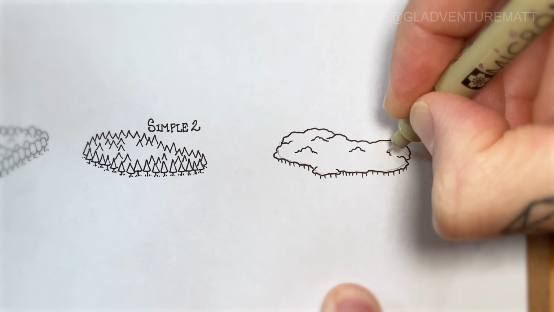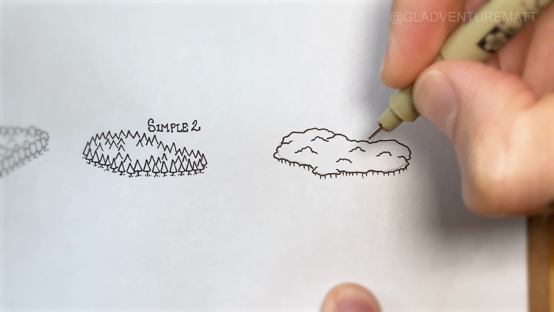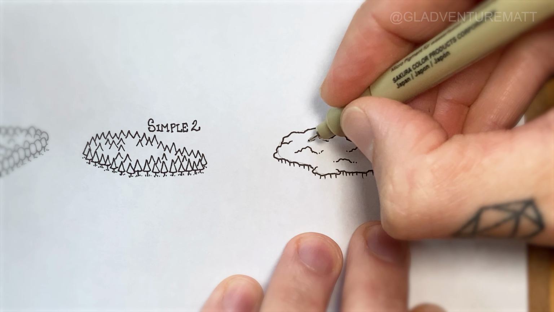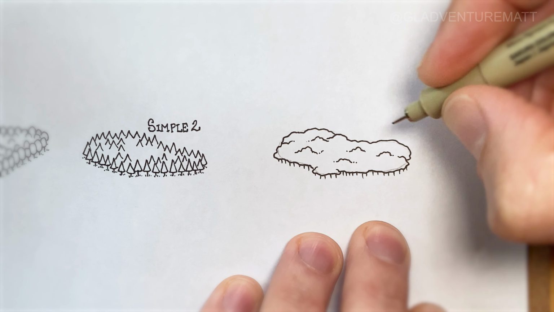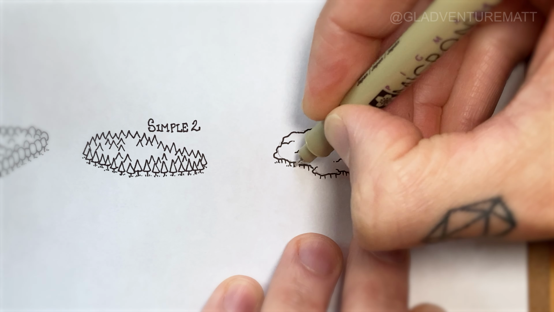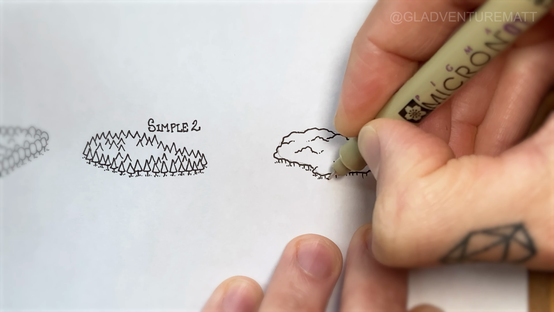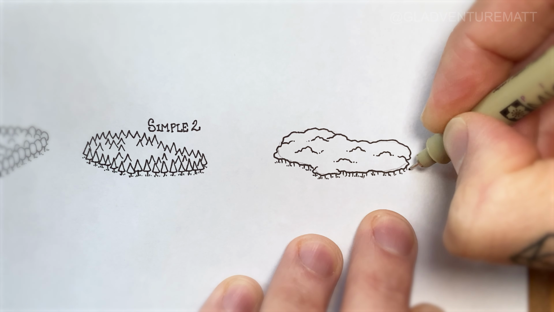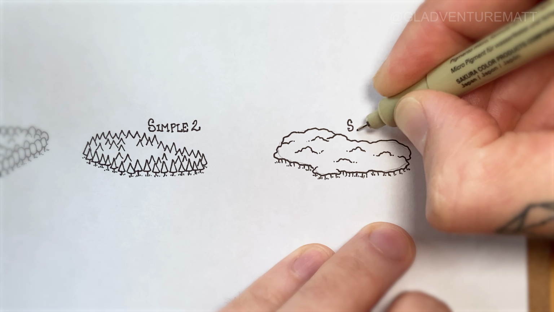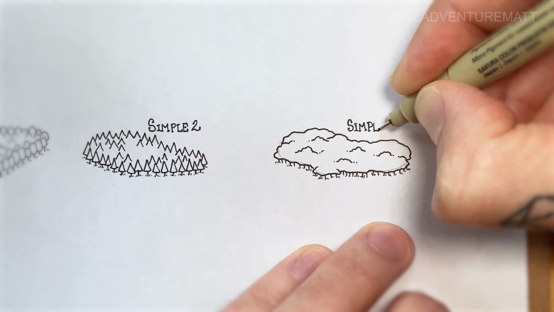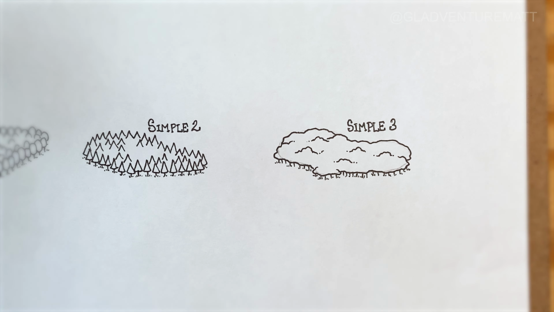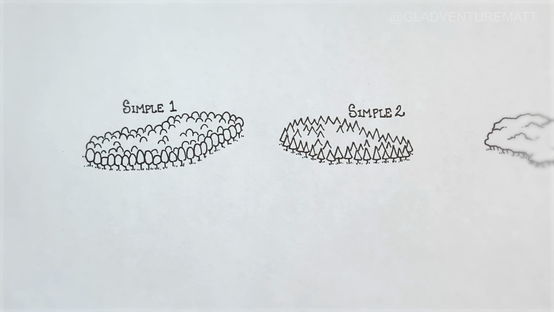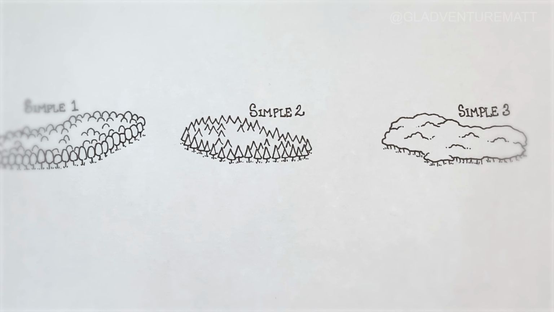Some areas with higher treetops and a bit of texture. And there we go. There's 3 simple forest designs that I feel like anyone who could hold the pen can do this.